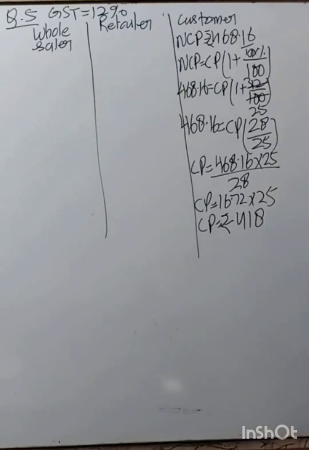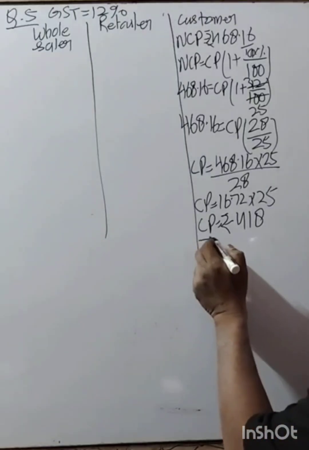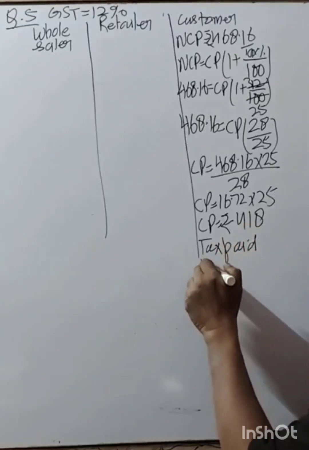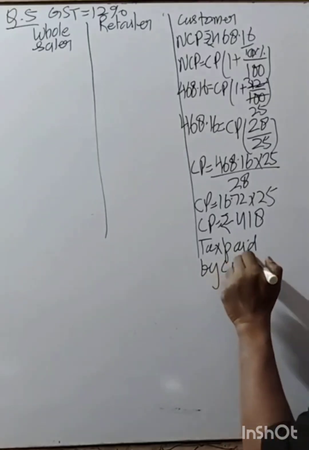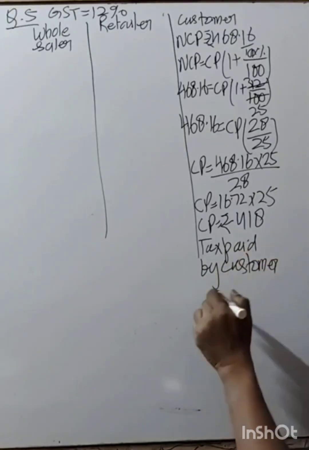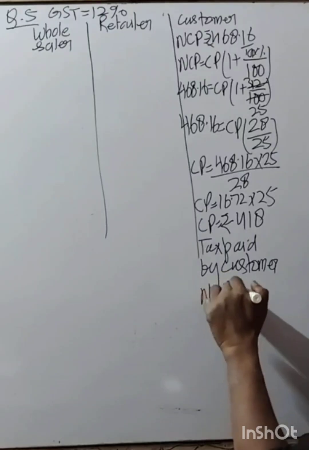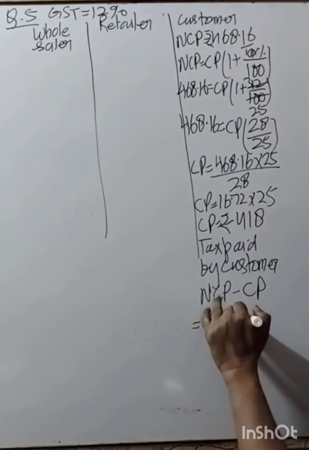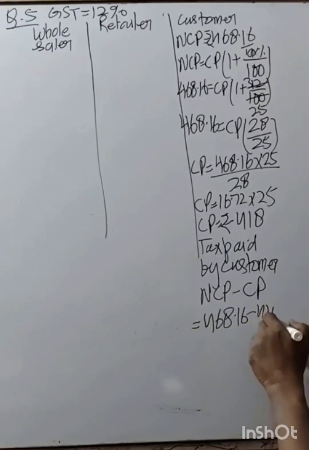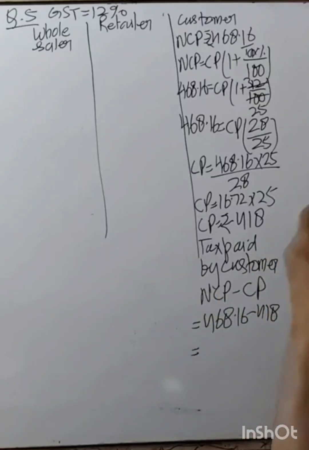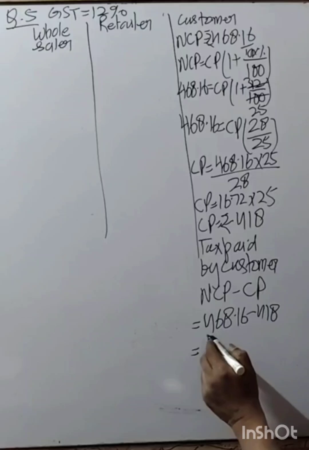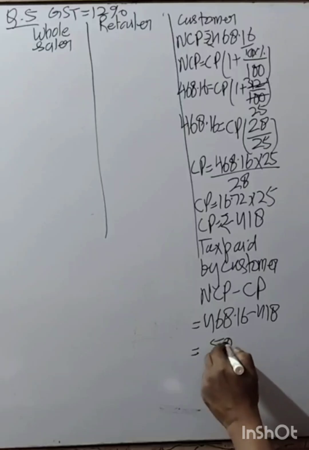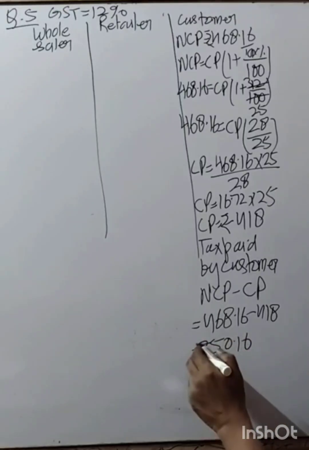Now how much tax did he pay? So the tax amount paid by the customer is net CP minus CP, which is 468.16 minus 418, which is 50.16. That is the tax he paid.